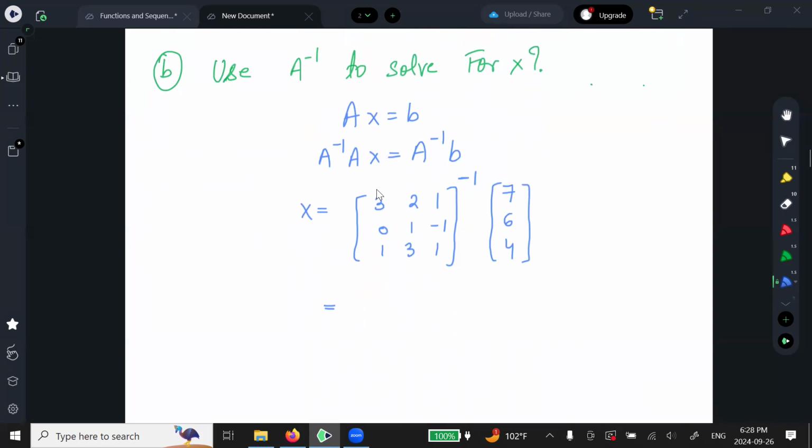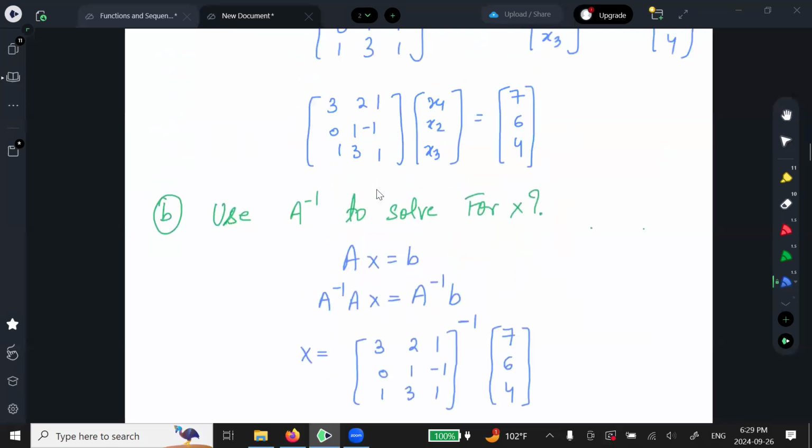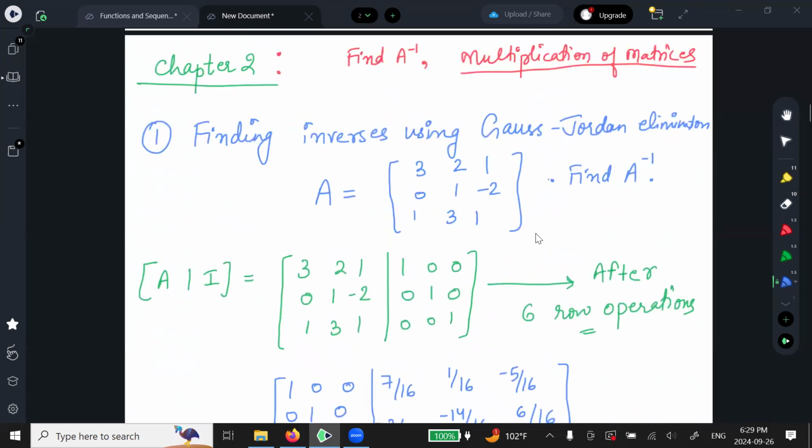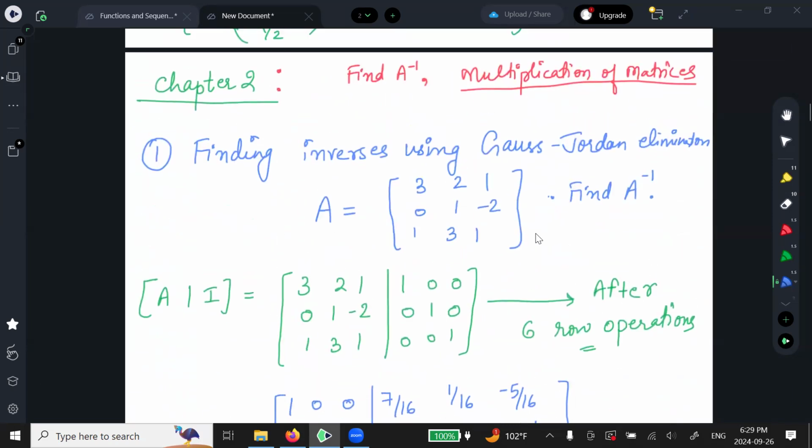If I ask you to use A inverse, then A must be invertible to apply the rule. Otherwise, you have to do Gauss-Jordan. Okay, what was A inverse? I just found it here. No, it's the same one.